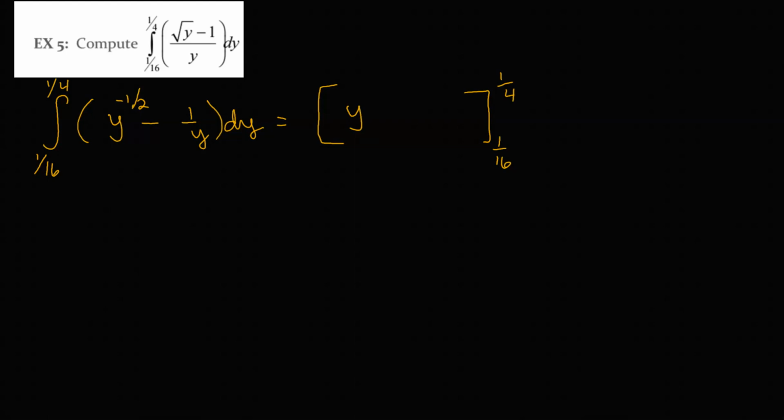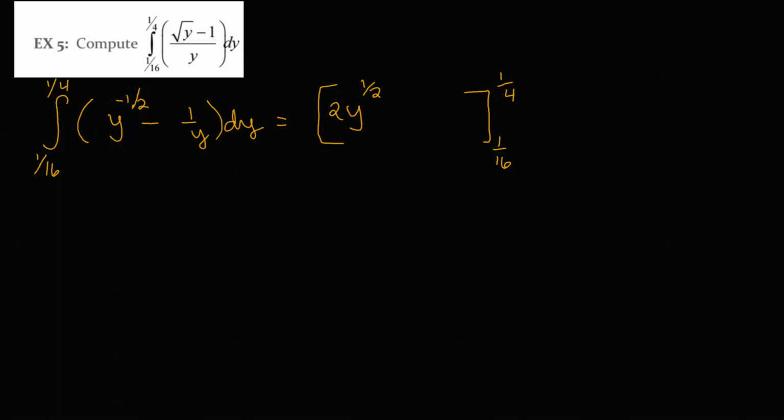I have to add 1, and when I add 1 to negative 1/2, I have a half. So I have to divide by a half to undo the multiply by 1/2, which would be 2. If we check our answer, bring the 1/2 down, it cancels with the 2, leaving y to the negative 1/2, which is what we have there.